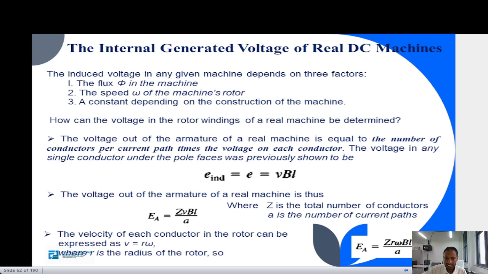Having said this, let us go to the internally induced voltage. Of course, this is what we have seen in our last class, but we have to go a little bit in depth into real generators. Like we said previously, in order to get induced voltage, three things are required. You remember the equation.